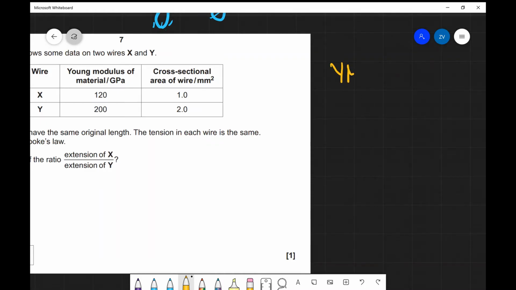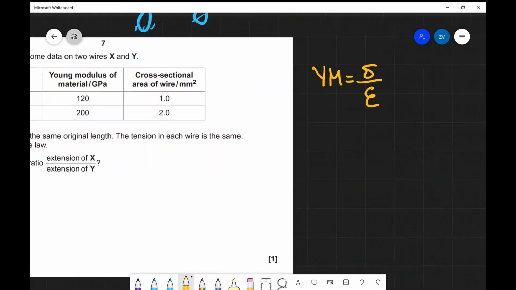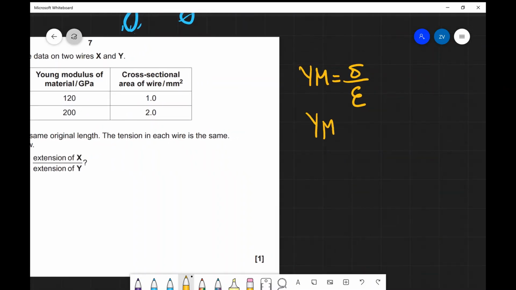I know that Young's modulus is stress over strain. Now our stress is just the force over the cross-sectional area. Now strain is the extension over the original length. We can play around with this equation. In fact, what I'm going to do is I'm just going to rearrange for x.